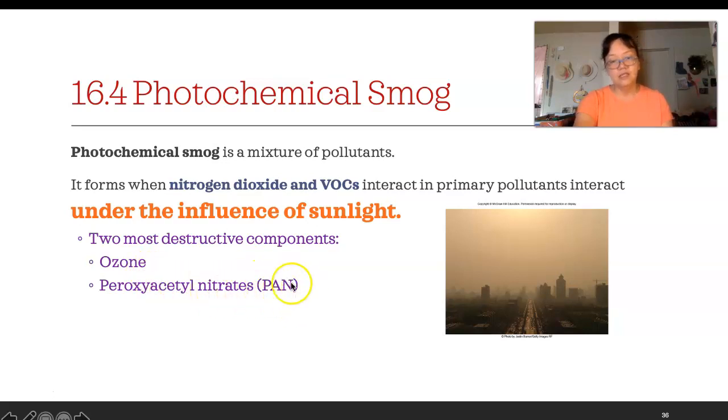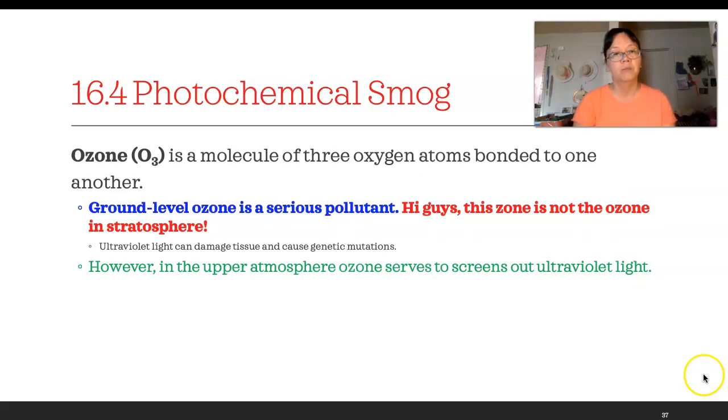And if you examine this word PAN, you see nitrates. We talked about those nitrates in the atmosphere, contributing to smog and acid rain. So I want you to remember that ozone and the nitrates are the most active components of the smog.